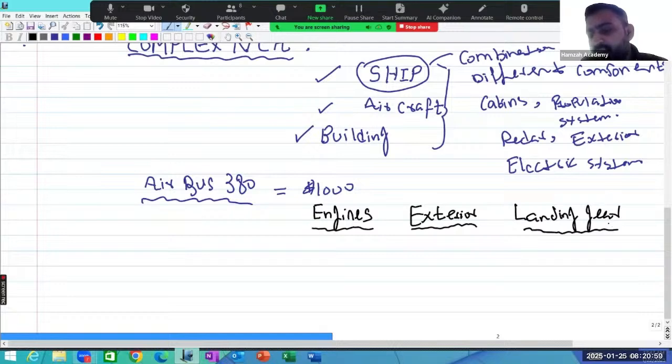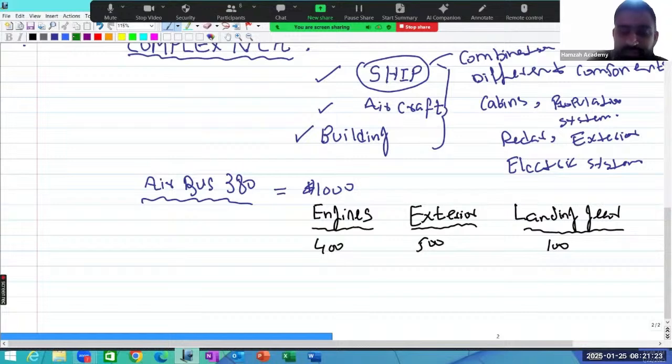There will be many others, but let's say we have only three components. Out of 1,000, 400 relates to engines, 500 relates to exterior, and $100 million relates to landing gear.